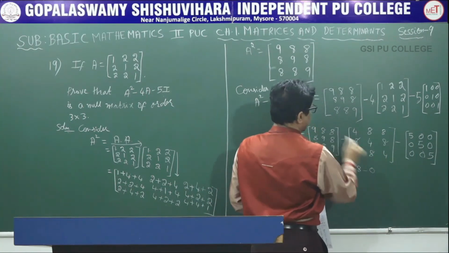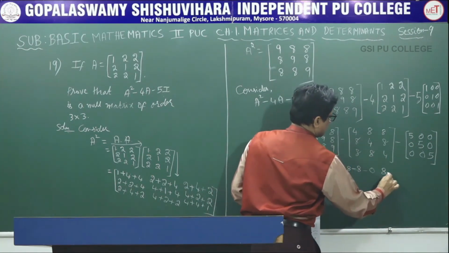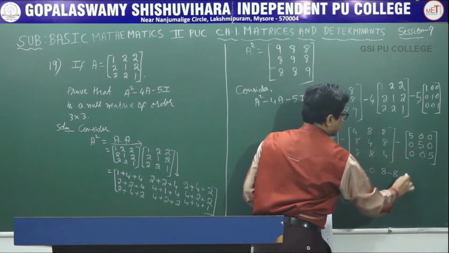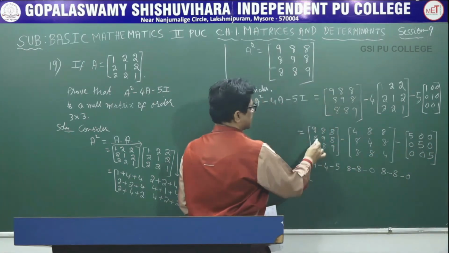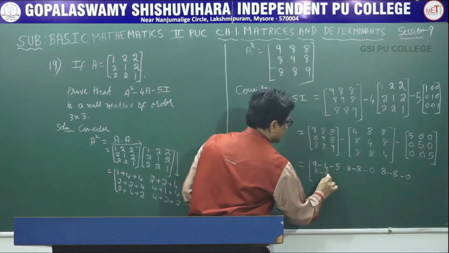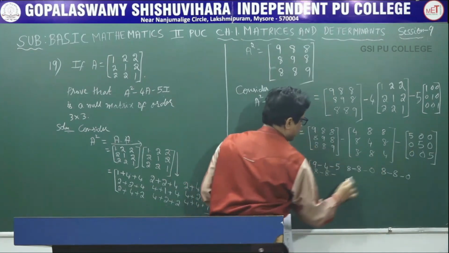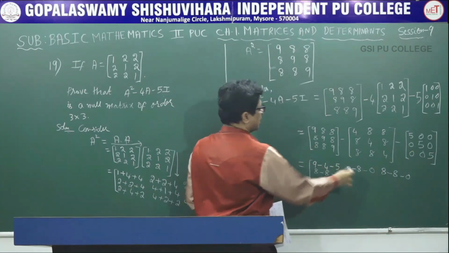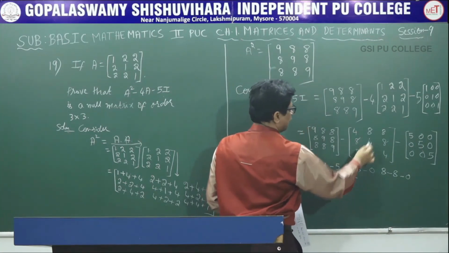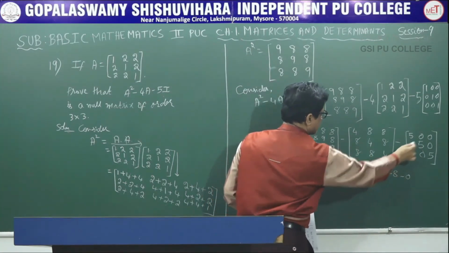Next element 8 minus 8 minus 0. Next row 8 minus 8 minus 0. Next element is 9 minus 4 minus 5.